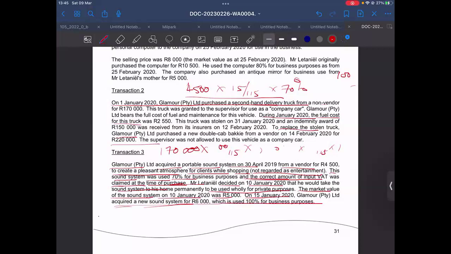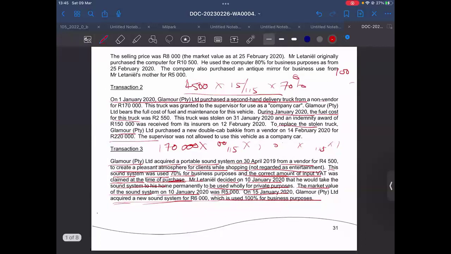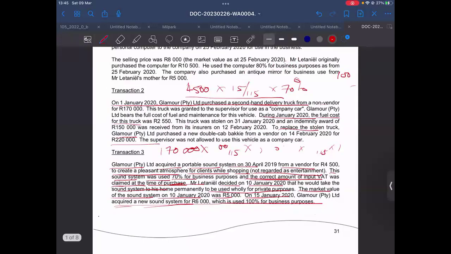Right, now the challenge is on the old system. What happened here? The director of the company took the company asset, which was used for business purposes, and used it for private purposes. Right. On the date they purchased this asset, which is 30 April 2019, SARS allowed the company to claim input VAT of how much?